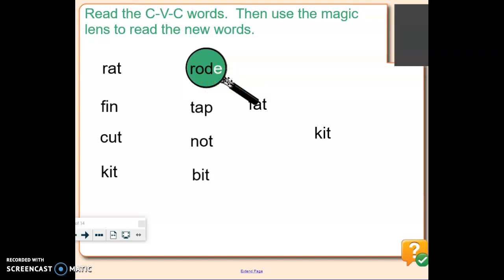I think you're getting the hang of this. Let's try this one right underneath of it. Right now it says what? It says tap. When we move it to have a magic E at the end, now what does it say?